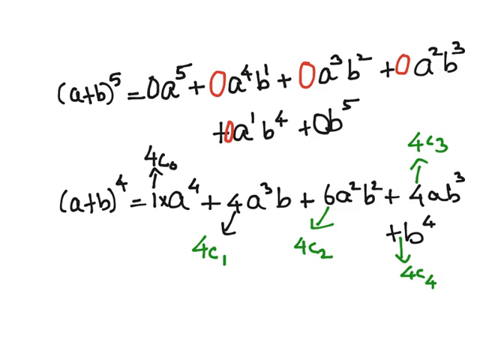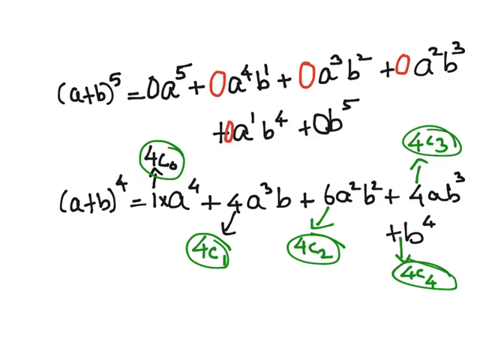As you can see, 4c0, 4c1, 4c2, 4c3, and 4c4. Right? And one more thing you notice is that this number and the power of b will be the same: 4c2 b power 2, 4c3 b power 3, 4c4 b power 4.